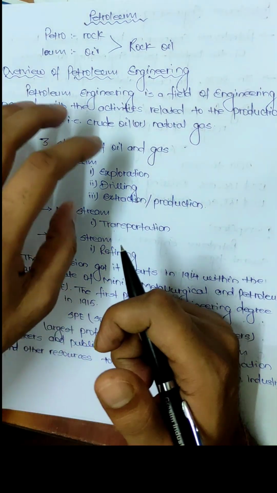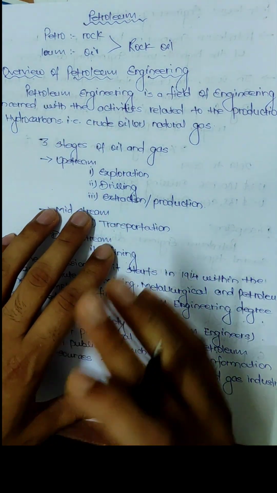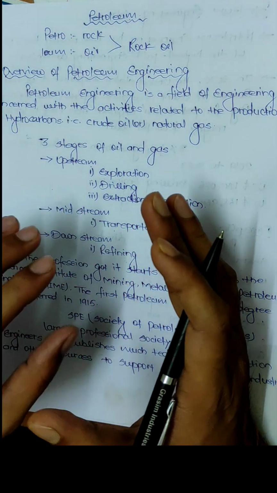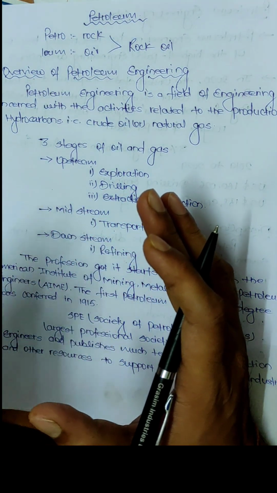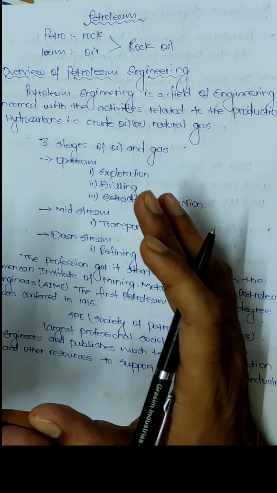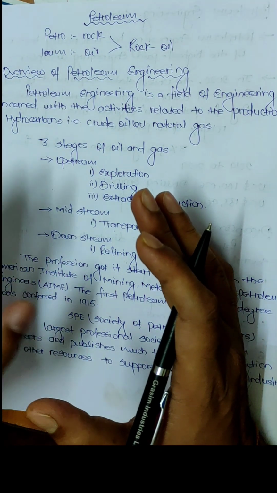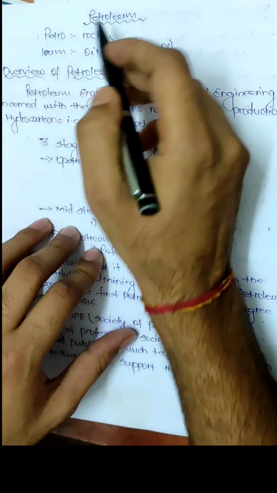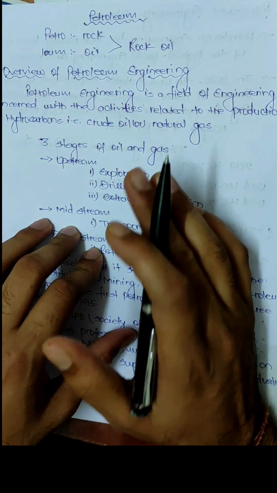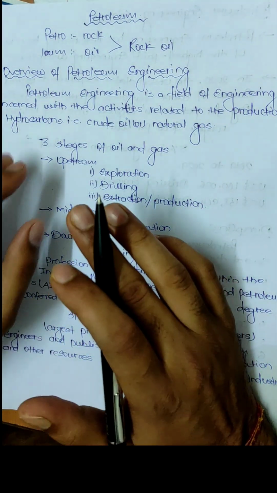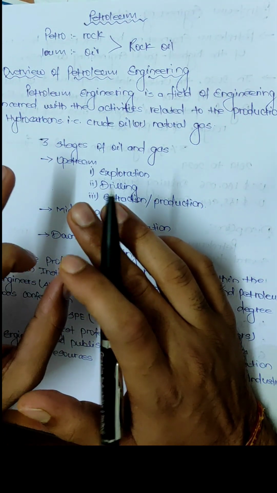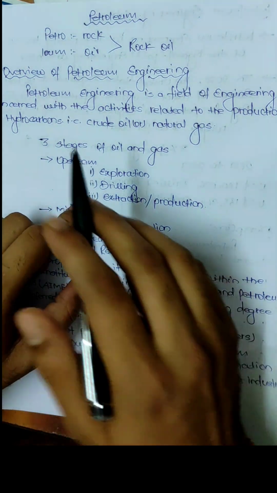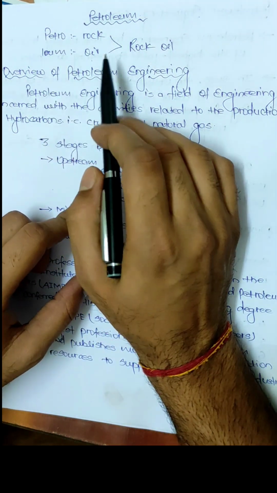So basically today we'll be starting with an overview of petroleum engineering. What is petroleum engineering, and why has the name petroleum come for this particular subject? Petroleum is made of two words, petro and leum. Petro means rock and leum means oil.